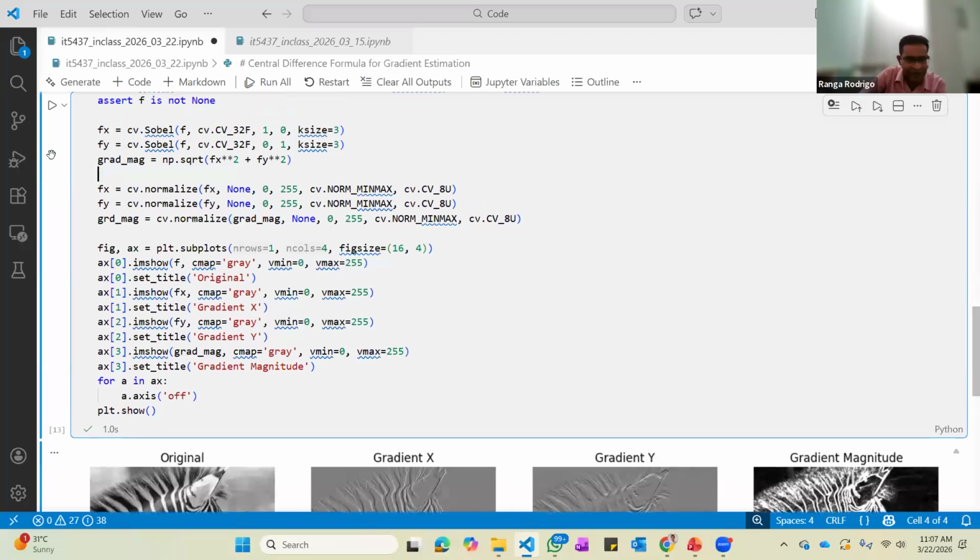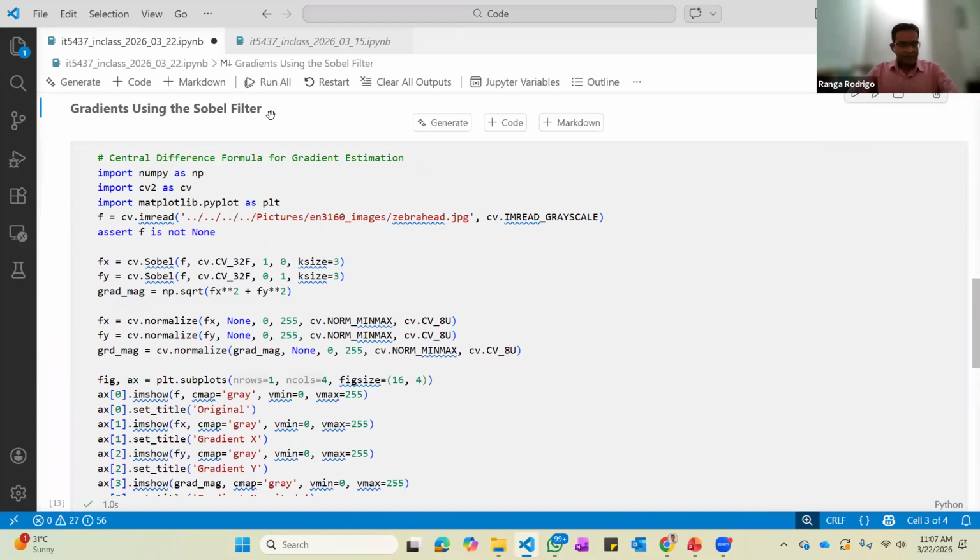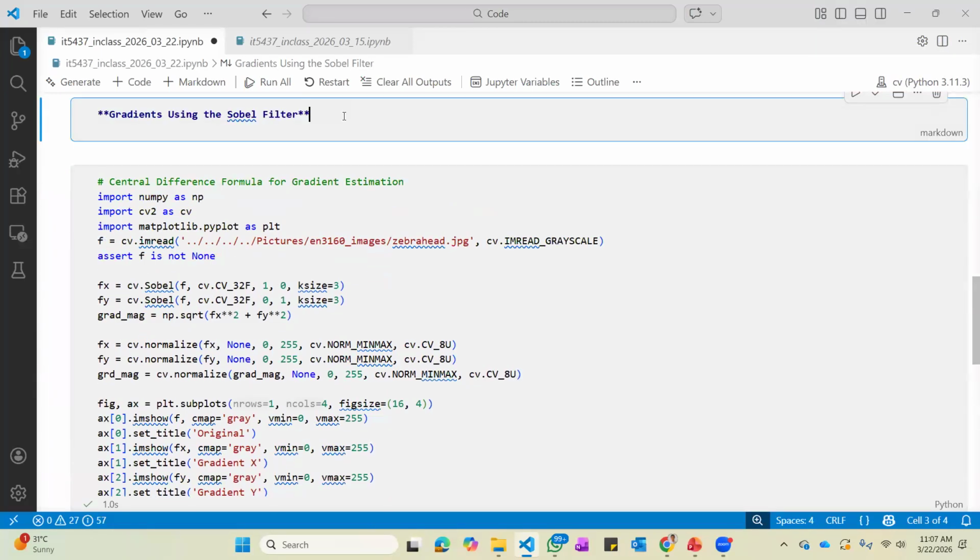The Sobel operator and computing gradient magnitude also. Excuse me, sir. Yes. The output generated is black and white, which means negative and positive values. The black and white colors are generated according to this.